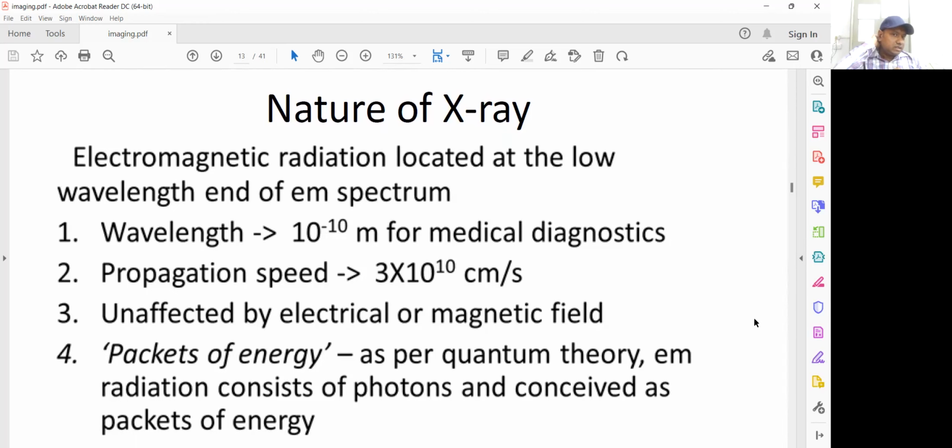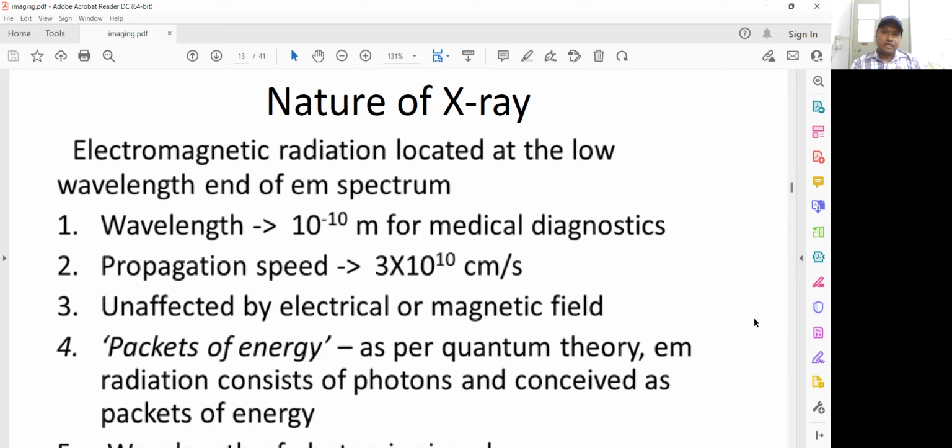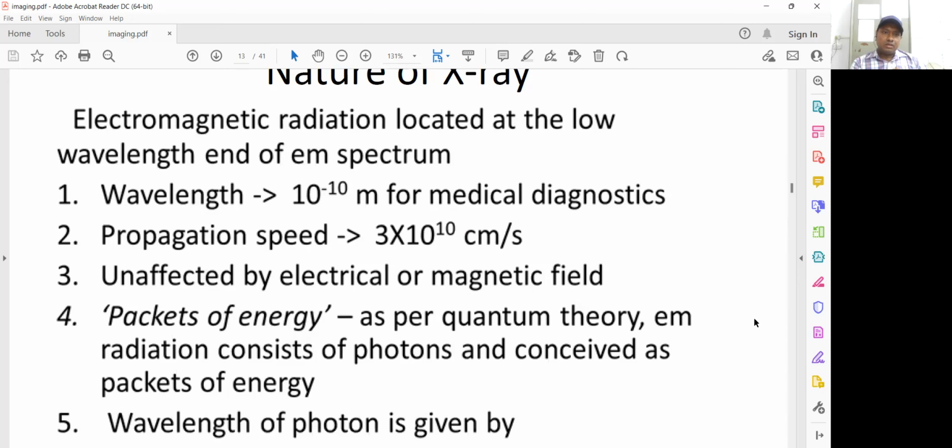The X-ray is electromagnetic radiation located at the low wavelength end of the electromagnetic spectrum. Its wavelength is 10 to the power minus 10 meter for medical diagnosis. The propagation speed is the same as the speed of light.